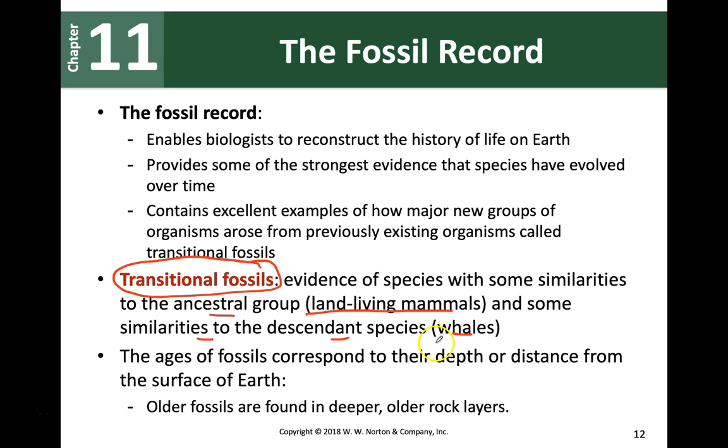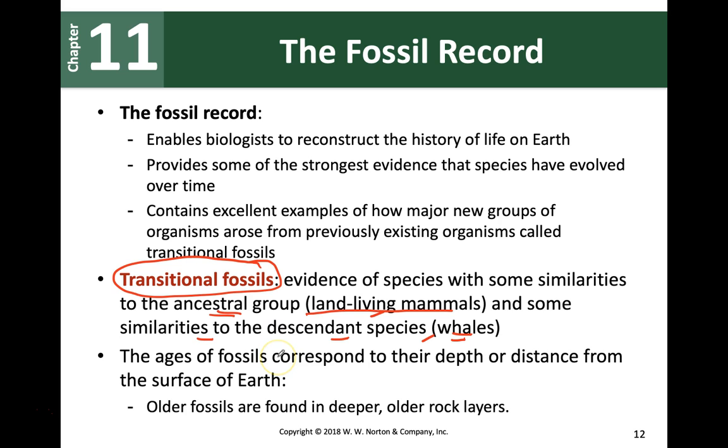So we're going to go back to that image that I showed you in the beginning, where we're going to look at how similar whales are to the ancestral group, which were land-living mammals, and the descendant species, which is whale, is actually now inside. It's not land-living, but it's actually a sea-living, water-living mammal.